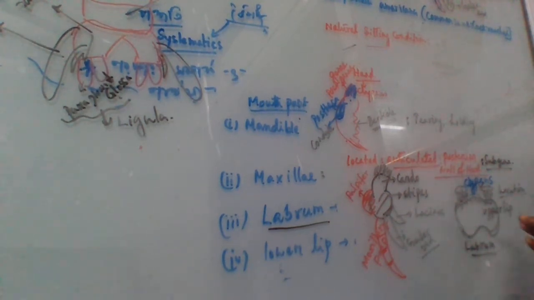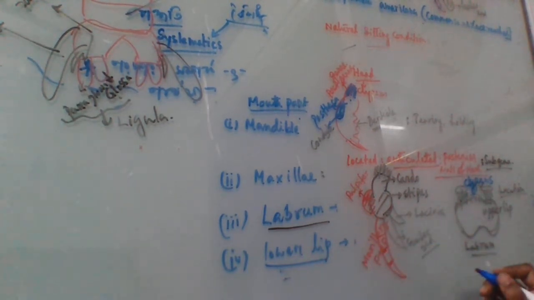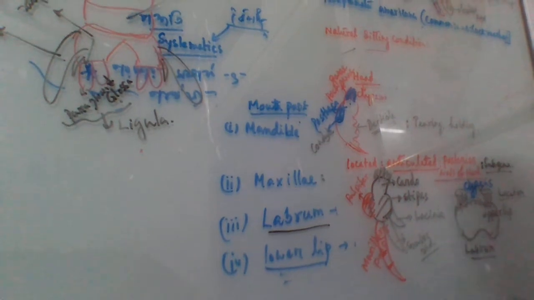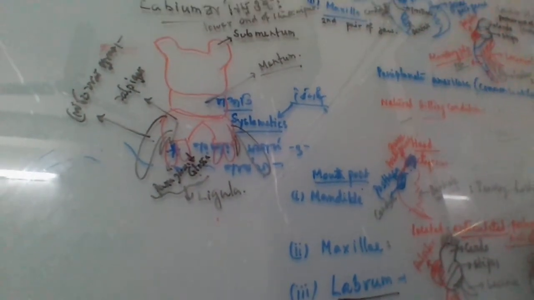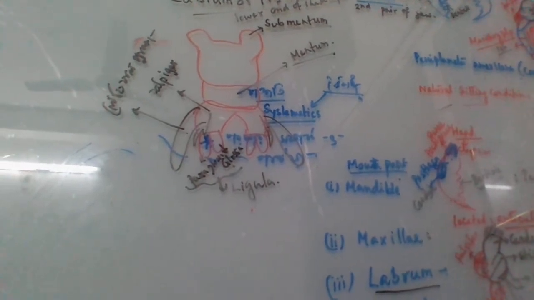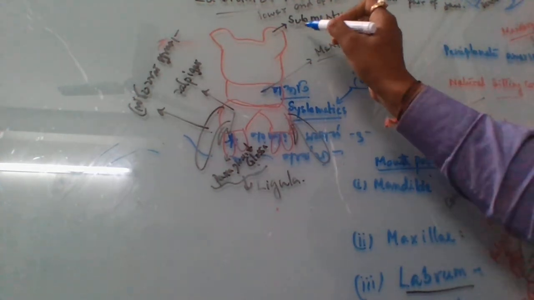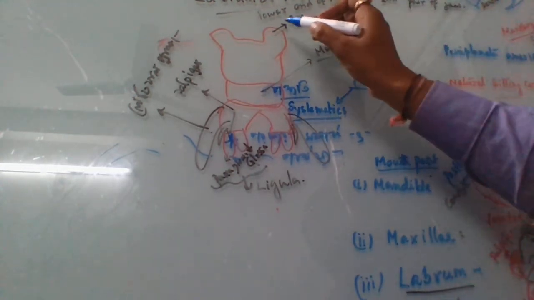So it is your third part. And now the lower lip or labium. So the lower lip or labium has parts like the submentum. As it is very complex in a diagram, I have drawn it over here.